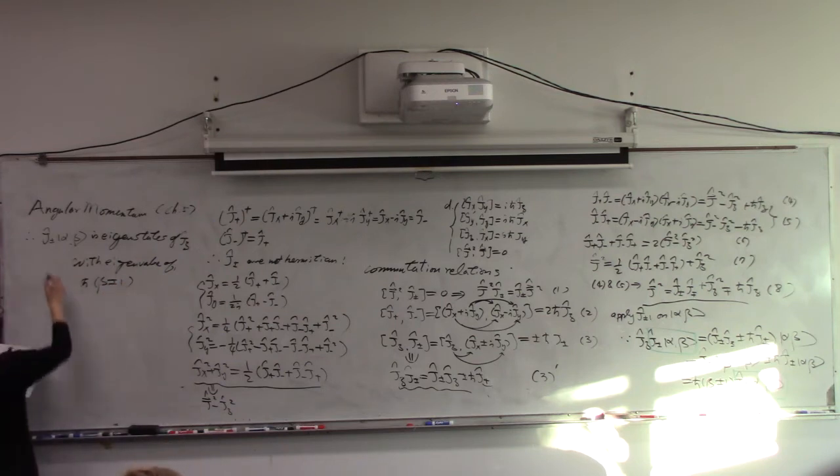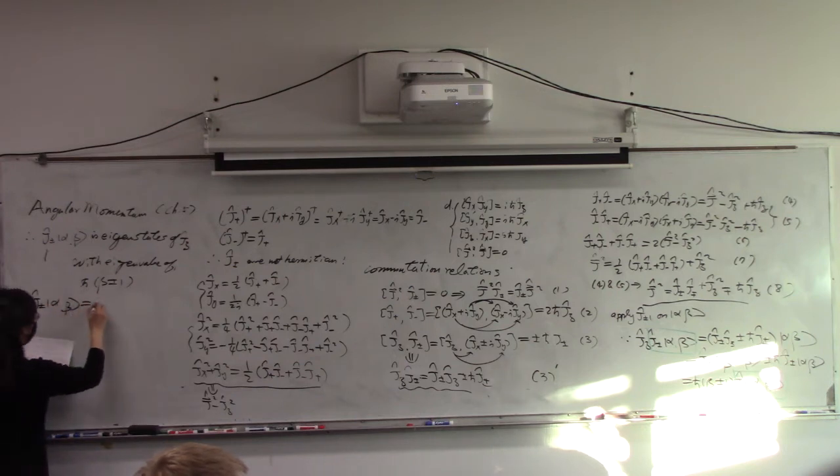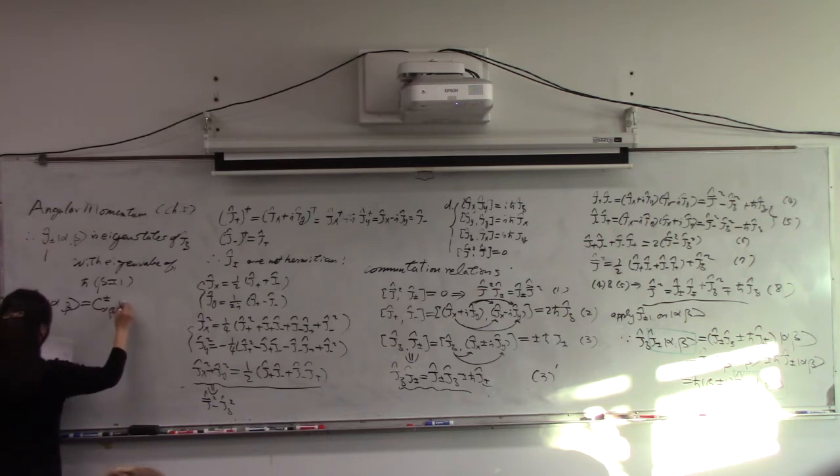So J plus minus applied to this is the eigenstate of Jz with eigenvalue h bar (beta plus minus 1). That means J plus minus alpha beta is equal to some coefficient times alpha, beta plus minus 1, right?